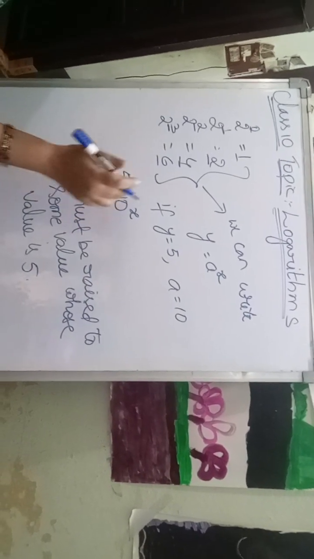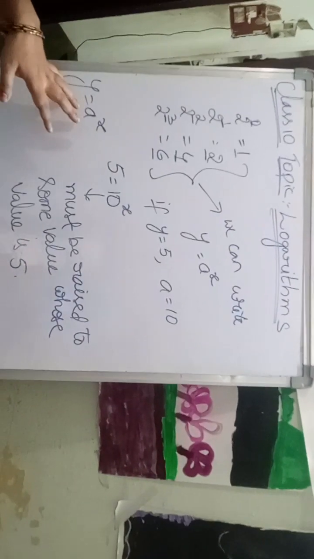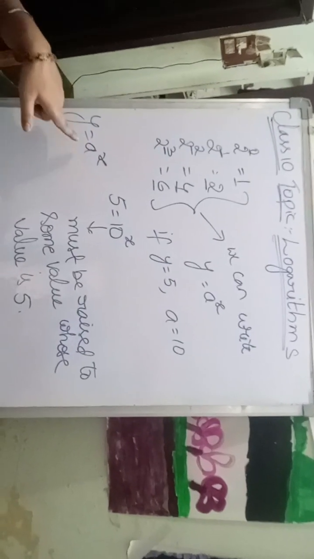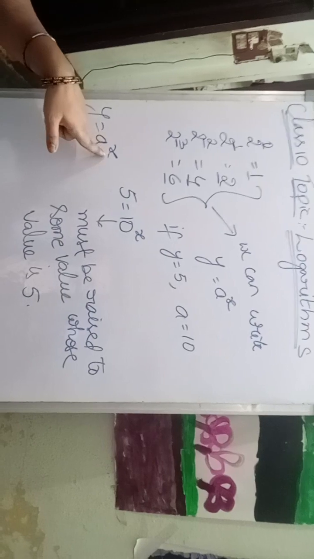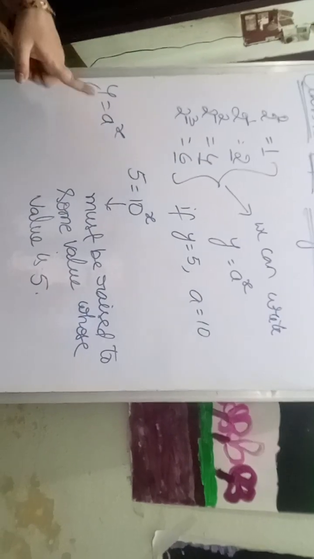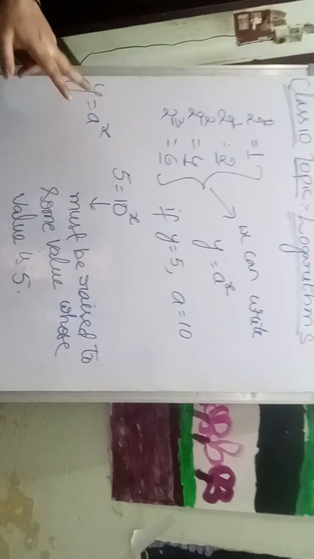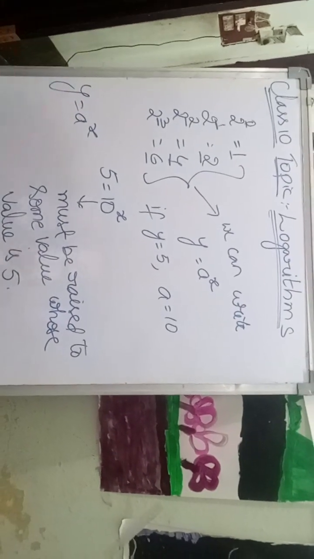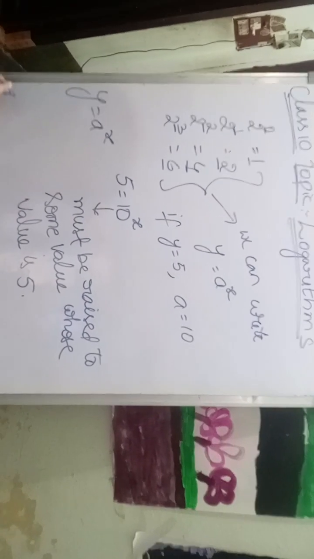No. So this also we can write as y equal to a power x. Here, as the power x changes, the value of y is also changing. So some relation is there, and to identify that relation, logarithm is given.